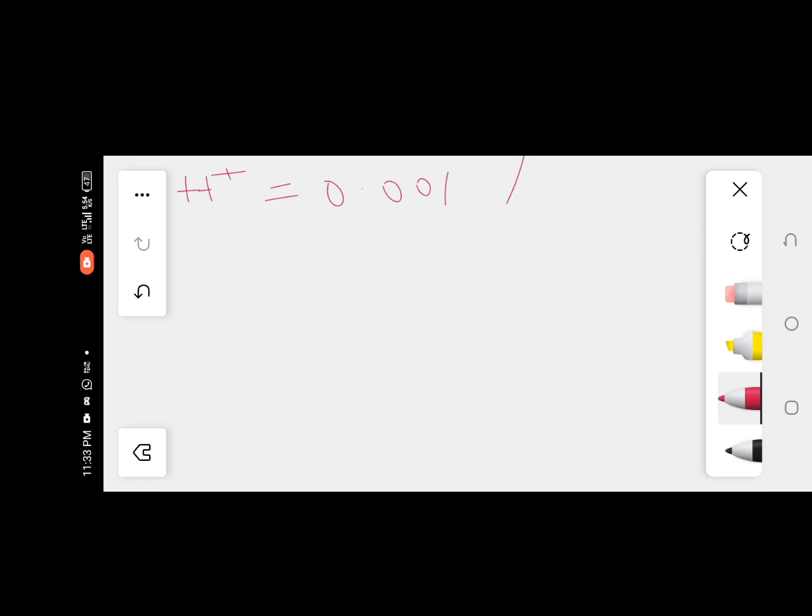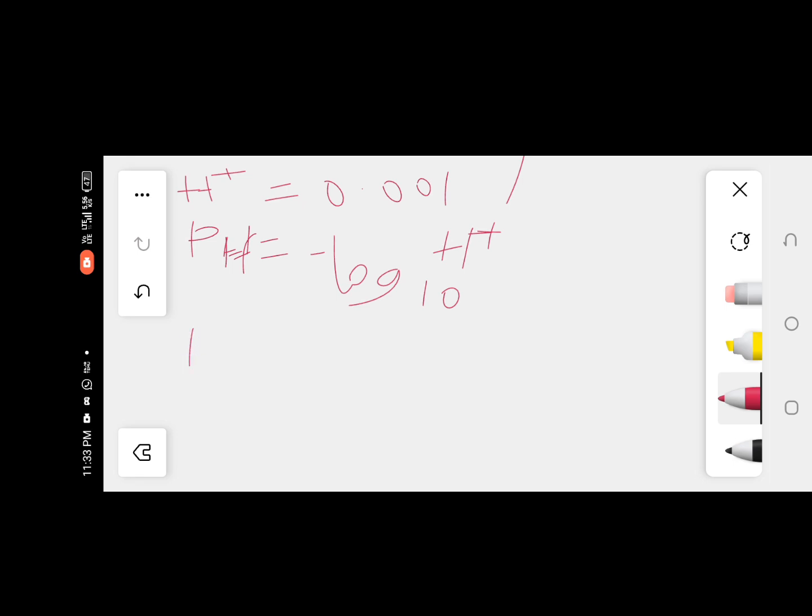What do you do? You know the formula is pH is equal to minus log 10 of H plus. So there is no way you want to calculate minus log 10 of 0.001 when you don't have a scientific calculator.